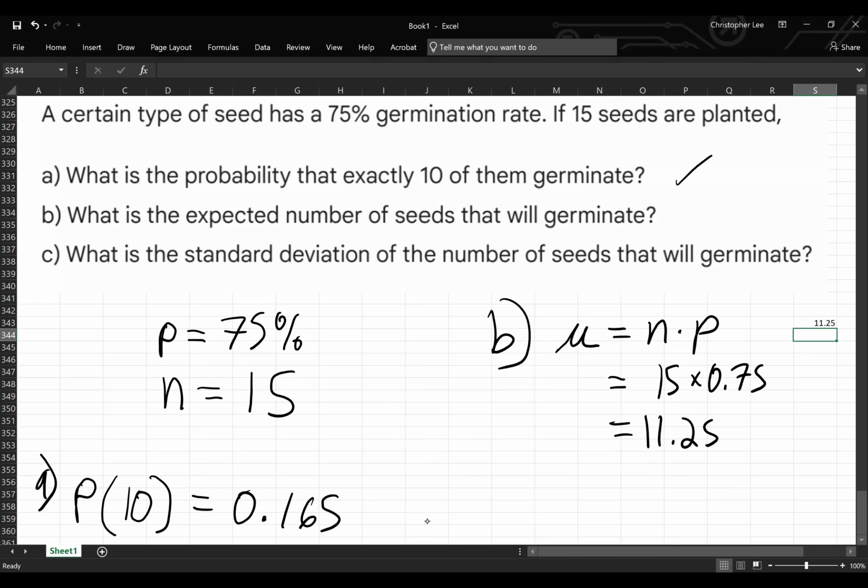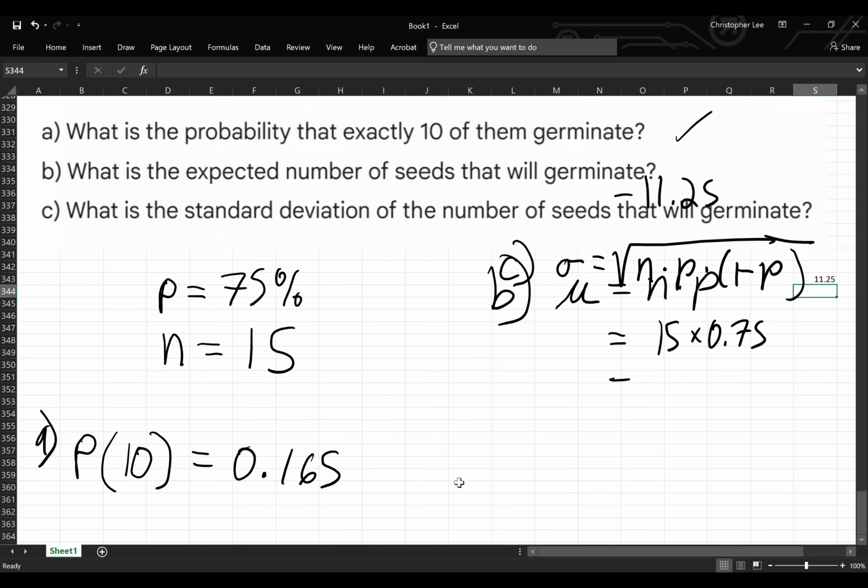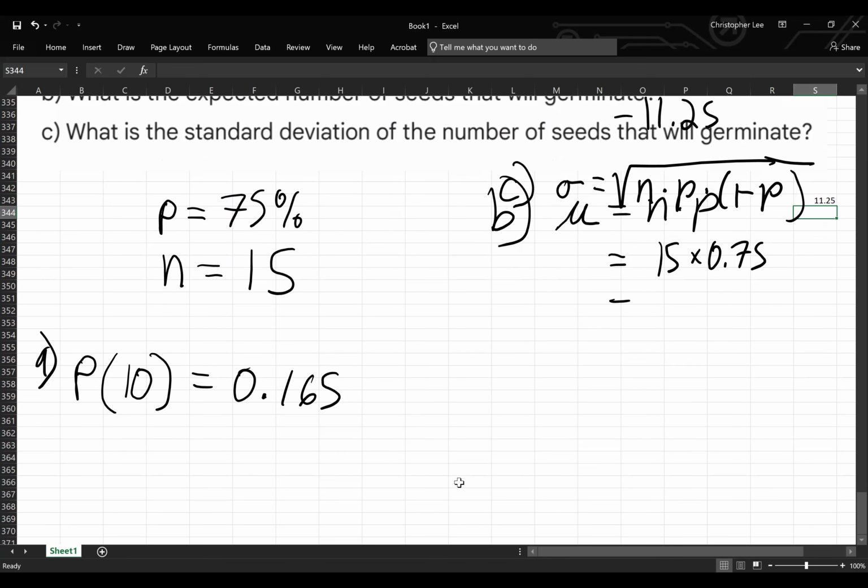Now, for C, they want the standard deviation. Sigma is equal to the square root of N times P times 1 minus P. Just plug it in. It's in chapter 6. 15 times 0.75, what did you get for that?